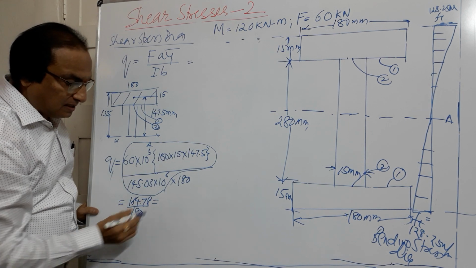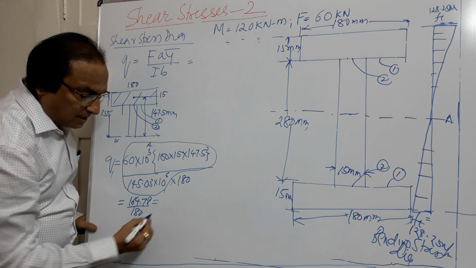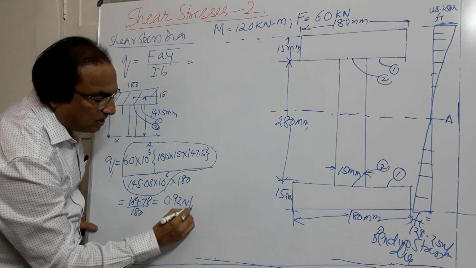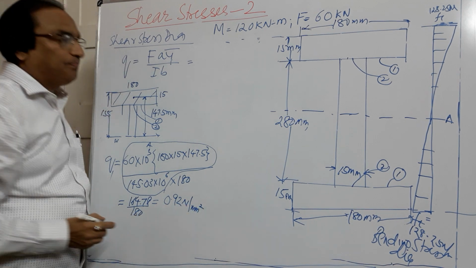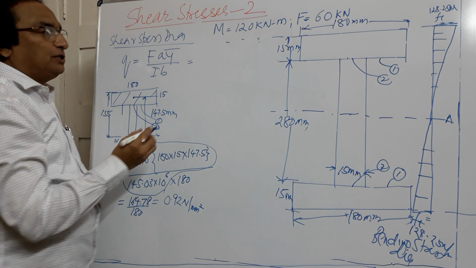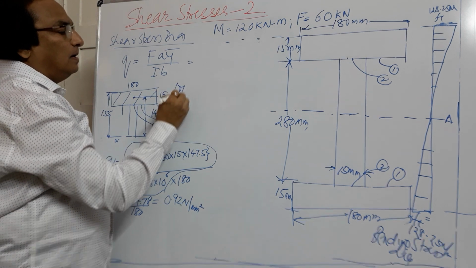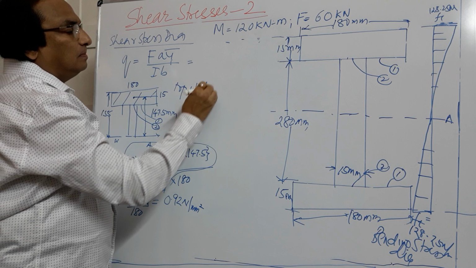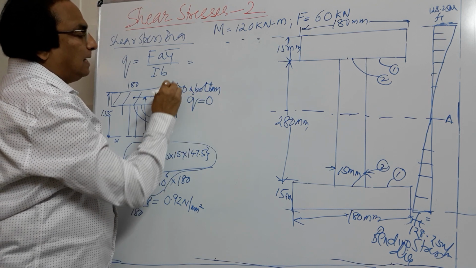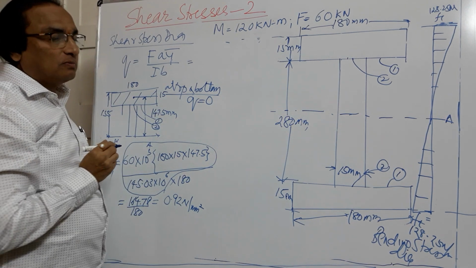So if we calculate this stress, the value of the stress will be equal to 0.92 Newton per mm square. One thing is sure in the case of the shear stress diagram: shear stress at the top and bottom, Q will be equal to 0. At top and bottom, Q will be equal to 0.